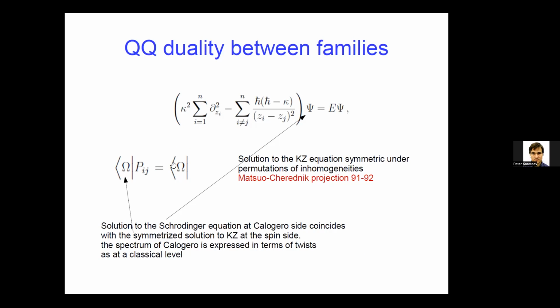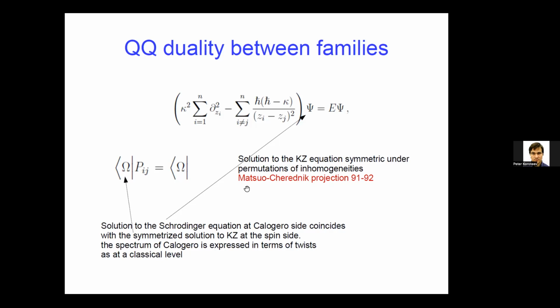As I have mentioned, to have a complete relation between objects at the Calogero-Moser and spin chain sides, it is necessary to impose the so-called Matsuo-Cherednik projection. To some extent, informally, we consider the solution to the Knizhnik-Zamolodchikov equation in one variable and impose some symmetrization with respect to all variables.